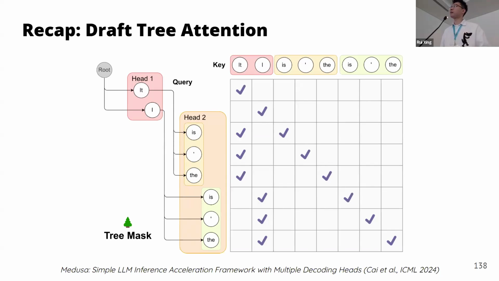And when applying this tree mask, as my colleague Chen just introduced, we can verify a specific sequence of draft tokens with the attention mechanism like autoregressive decoding, so that we can get more options or more sequences to be verified.